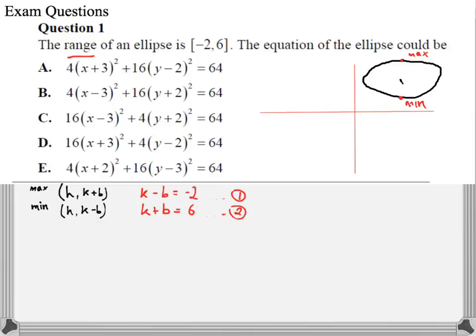I add equation 1 to equation 2 and get 2k equals -2 plus 6, which gives 4, so k is equal to 2.